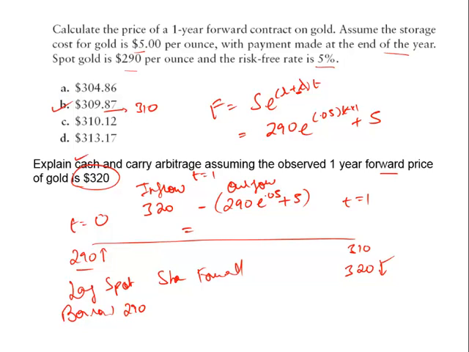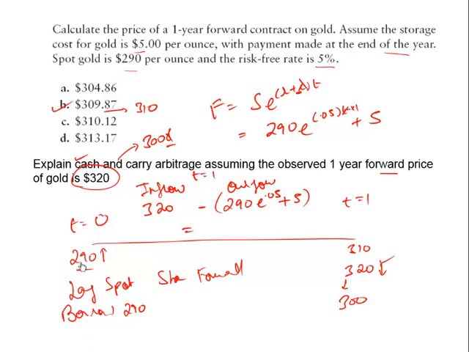You long in the spot and you short in the forward. If the observed forward price was $300 instead of 320, then you would short in the spot and long in the forward.